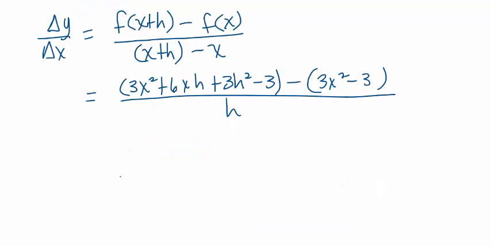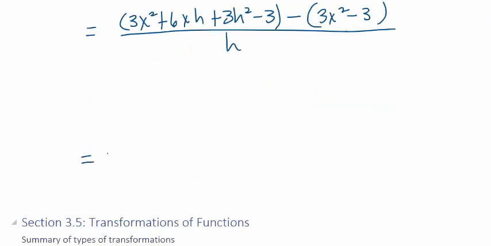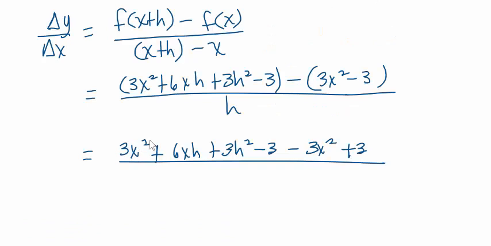And lastly, to simplify, the numerator becomes 3x squared plus 6xh plus 3h squared minus 3, and then minus 3x squared plus 3 when we distribute, and then divided by h.